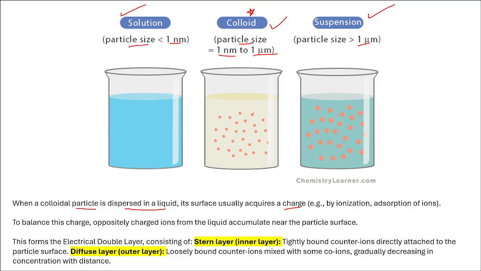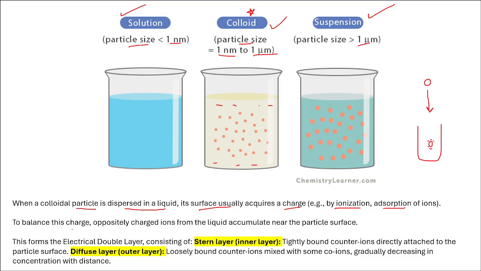Whenever you put these particles in an aqueous sample, they will acquire charge by ionization or adsorption of ions which are present in this aqueous phase. So it acquires some sort of charge, either negative or maybe positive.